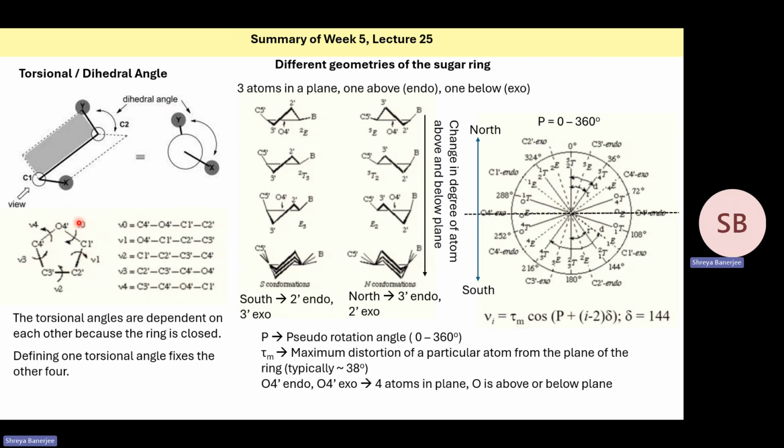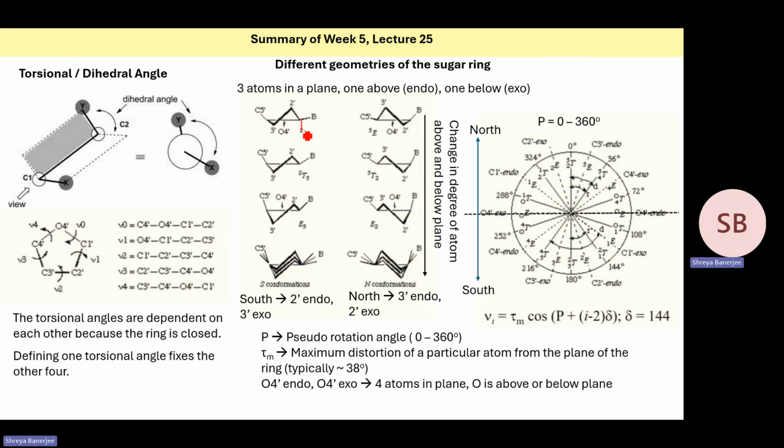Normally, this 5-membered ring exists in such a way that 3 atoms are in the plane of the ring, 1 atom is above the plane, and 1 atom is below the plane. You can see the representation here. In this case, C1', C4', and O4' are in the plane.